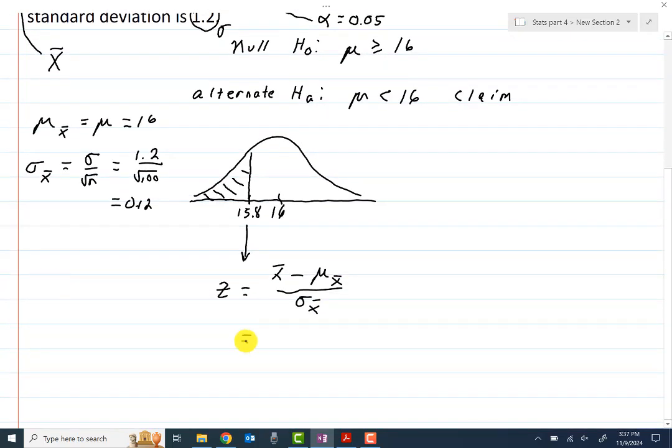X bar is 15.8, a proposed mu of 16, and then divided by 0.12. To two decimal places I get negative 1.67. Well, let's take a look at the area in the shaded region then. We'll go to the standard normal distribution and get that area there.